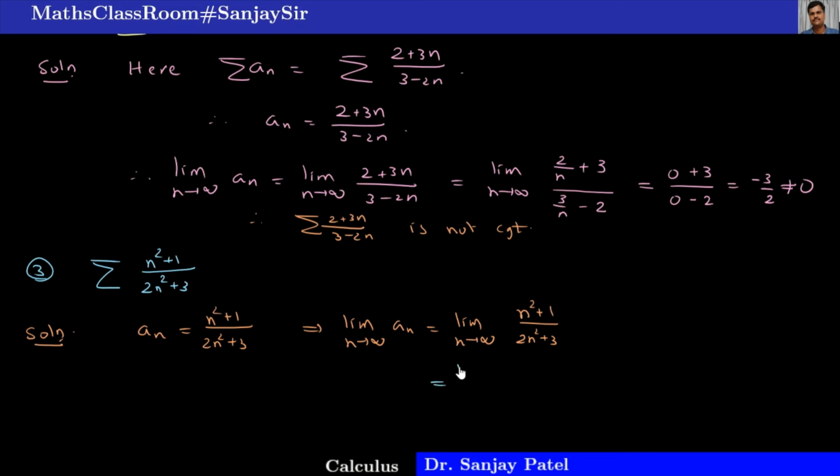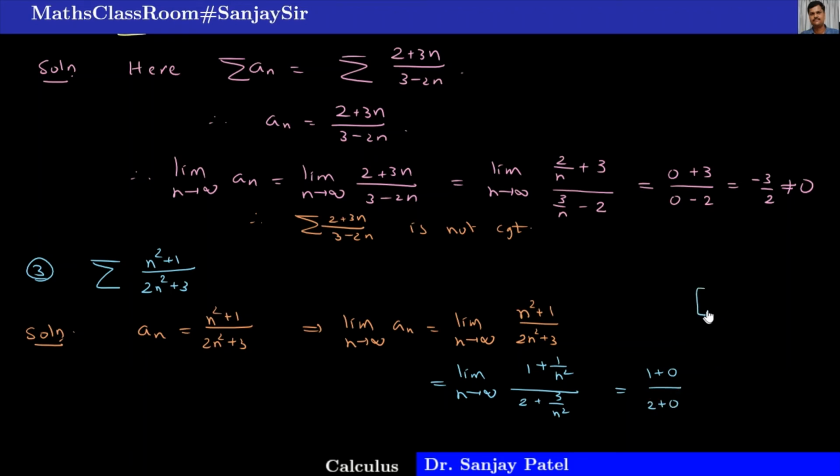So what we get here is the limit as n tends to infinity of 1 plus 1 upon n square, upon 2 plus 3 upon n square, since n square by n square is 1 and 2n square by n square is 2. As n tends to infinity, 1 upon n square tends to 0, and 3 upon n square also tends to 0. So this is 1 plus 0 upon 2 plus 0.